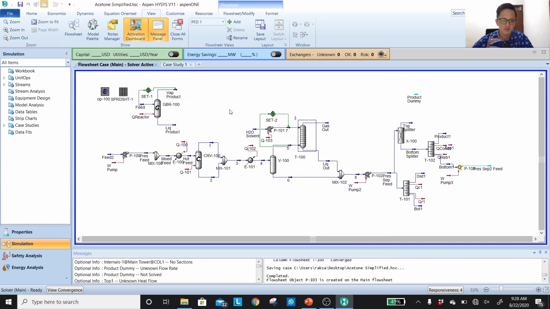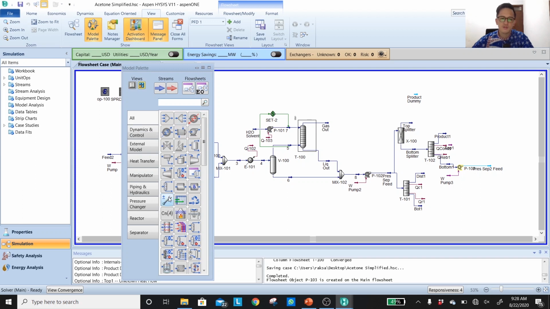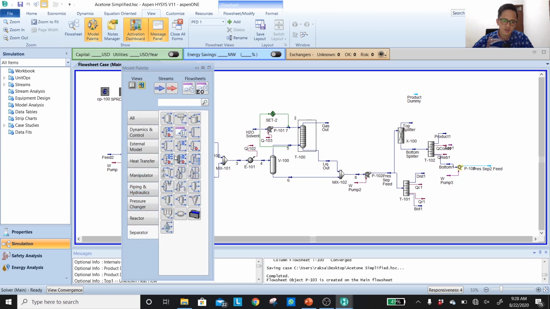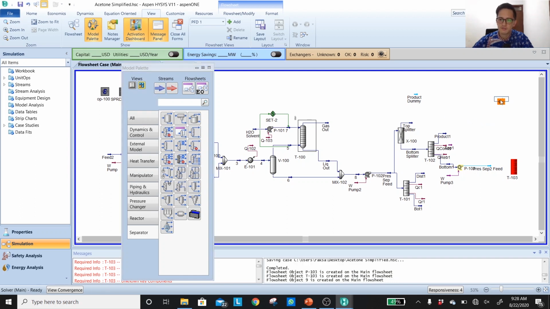Okay, the pressure, again, the same principle will be matched with the requirement for the second distillation column. So I will add my second distillation column, and I will add my dummy stream, just in case I need it.